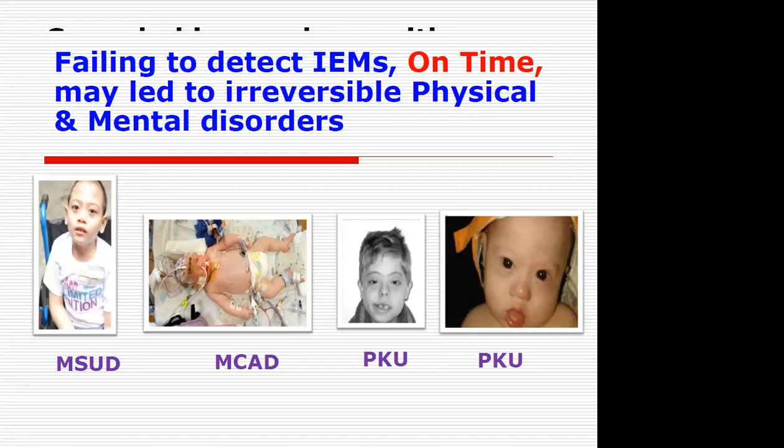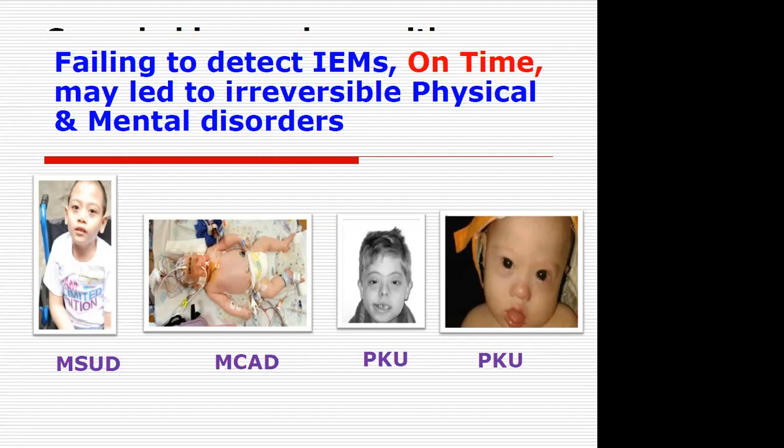So the point is that these are the type of damages that we would never want to have on any babies. And if they are diagnosed on time, they are manageable, and we could handle them and treat them. So the only point is that we have to have a system by which we could diagnose the diseases on time and very fast. When I say on time and very fast, I mean the first 10 days of the baby's life.